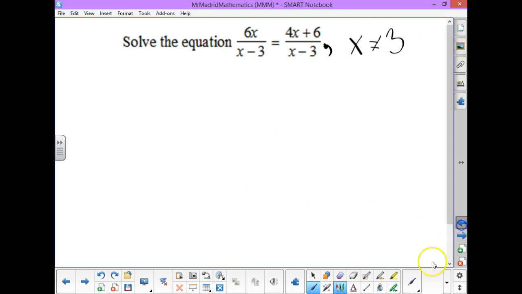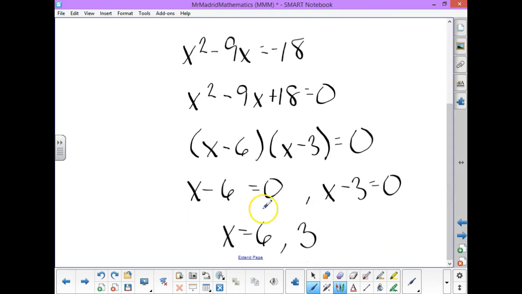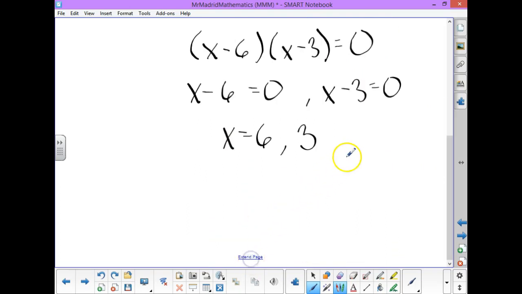If I come back here, I probably should have done the same thing, so I'll do it now after the fact, and I'll say that x definitely should not equal 0 to avoid dividing by 0. And I'll add that here as an additional statement.